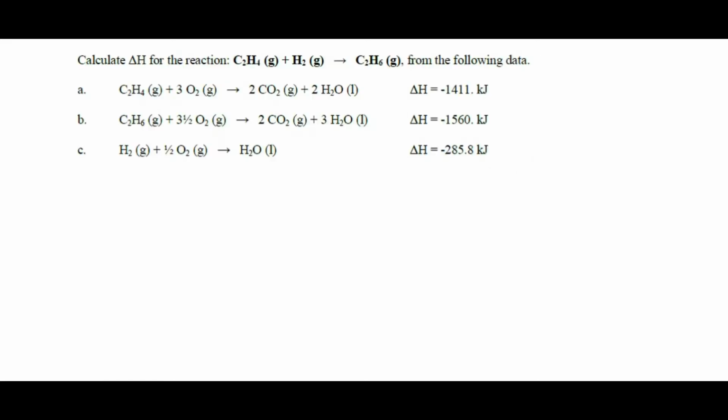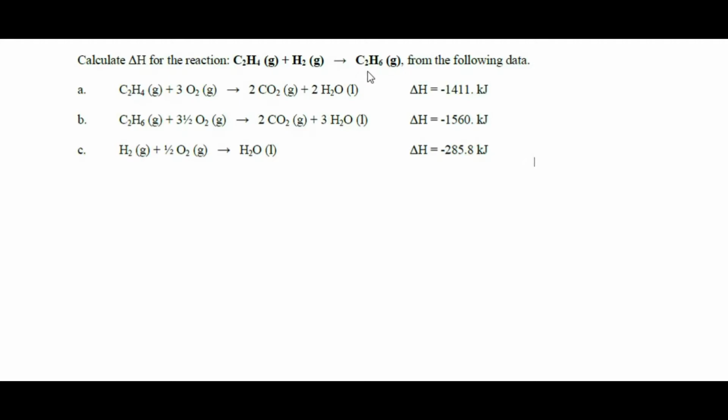We want to calculate the enthalpy of the reaction of this equation, but we only have this following data. So we're going to use Hess' law to solve this problem. So we want this to stay. So we have this. We want this to stay. And we want this to stay.